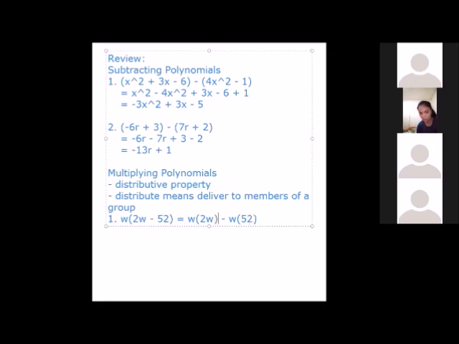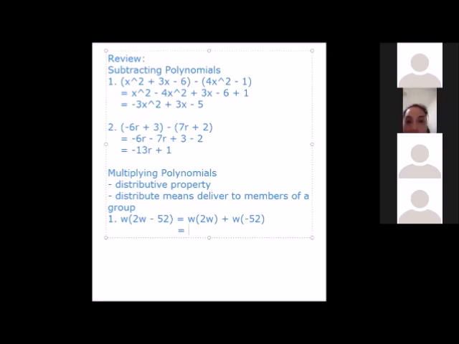So again, W parenthesis 2W minus 52 is equal to W multiplied to 2W and W multiplied to 52. Let's have it plus and then minus 52. And then we will multiply now W and 2W. Maybe we can have Ella.